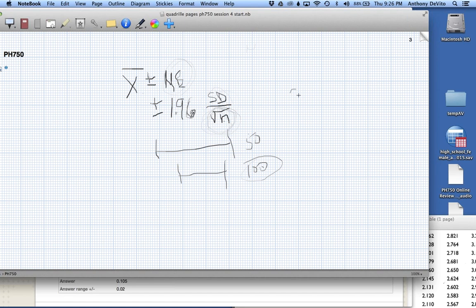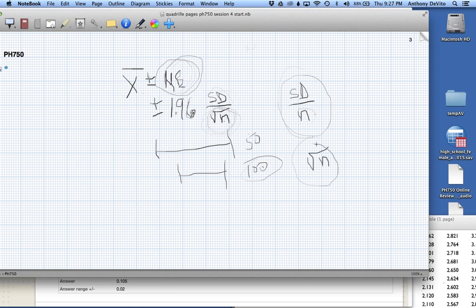So if this were not the square root of n, just standard deviation over n, then if you doubled n, you would halve this whole fraction, and you would halve the margin of error. But it's not just n, it's the square root of n.